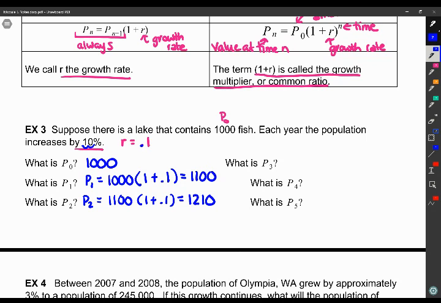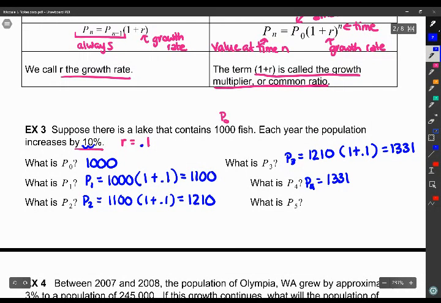You take the 1210 and multiply it by 1.1. So this is 1331 and so forth. Then P sub 4 is going to be 1331 times 1.1, which gives me a decimal, 1464.1.